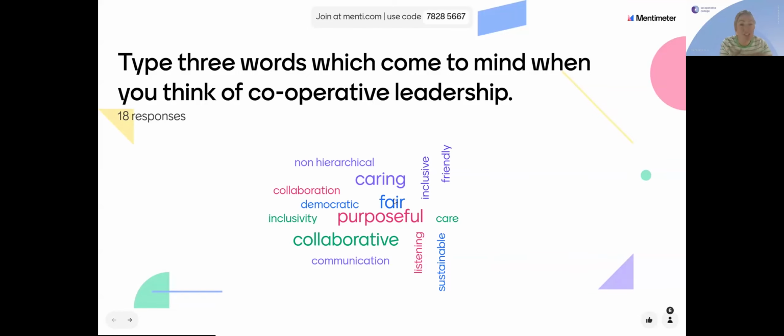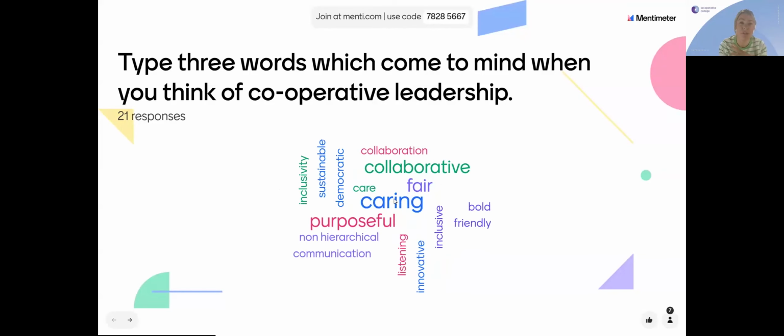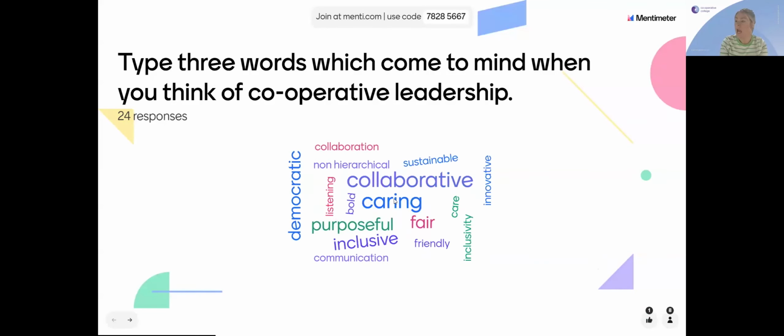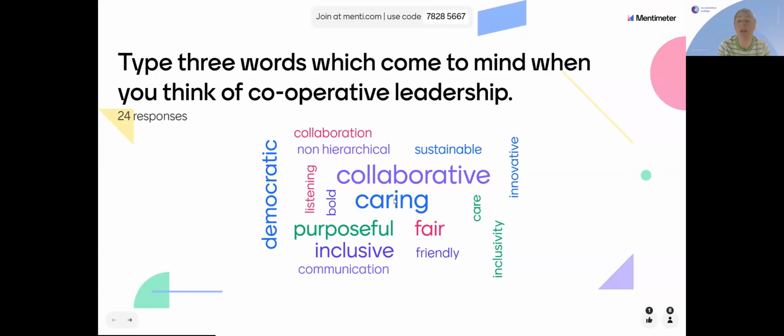These are all very general words that, if we're teaching about cooperative leadership, are very much integral to the teaching of it. I think people who work in cooperatives will say that these are the types of values and characteristics that they see quite a lot within their cooperative because of the identity.